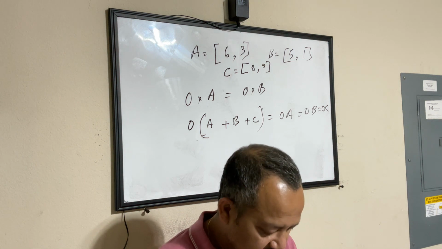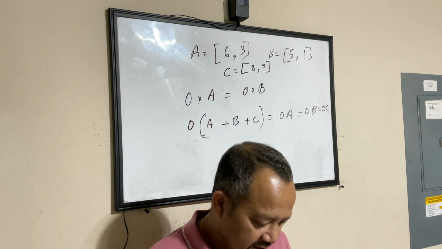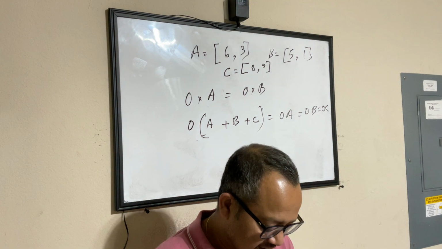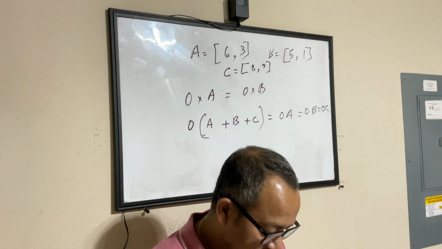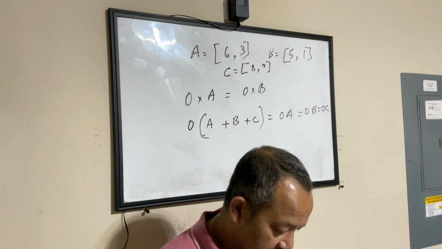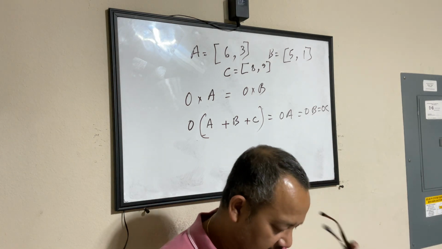So this is a loaded chapter. We'll probably give it 3 more classes to finish matrices, and then we'll go to probability and combinatorics.